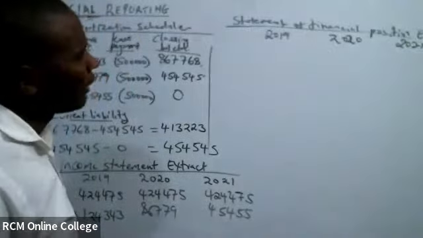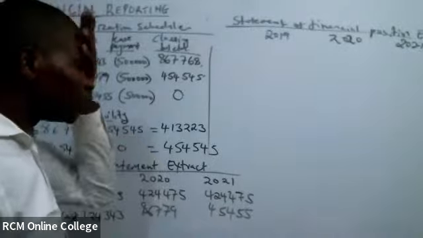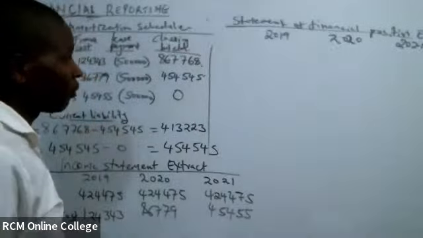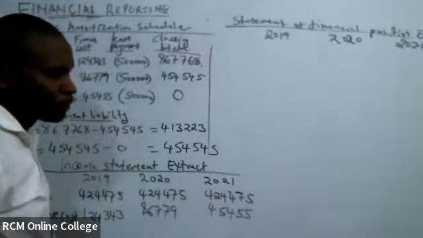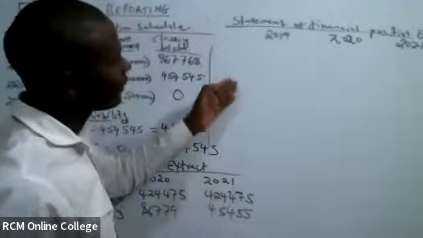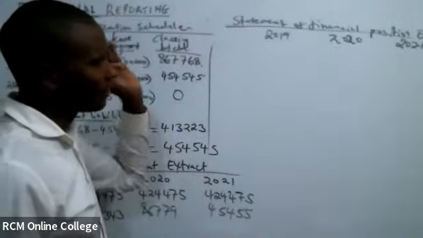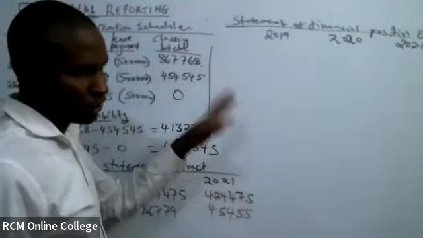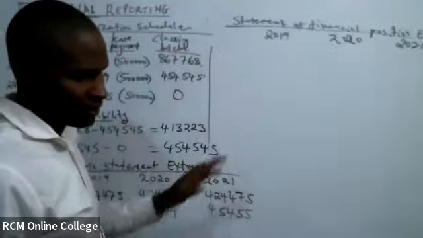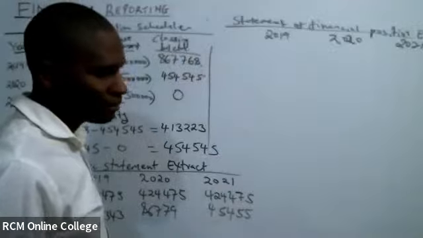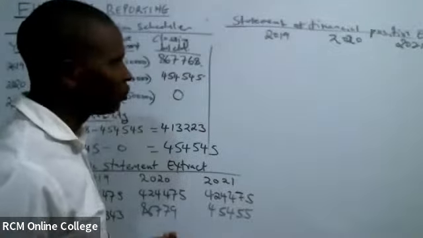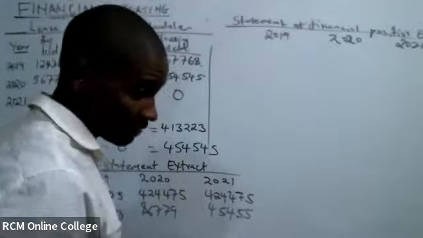Now, we know the structure or the format of the balance sheet. We have non-current asset, current asset like that, then financed by huko chini. So what we have here in our case is right of use asset representing the asset.